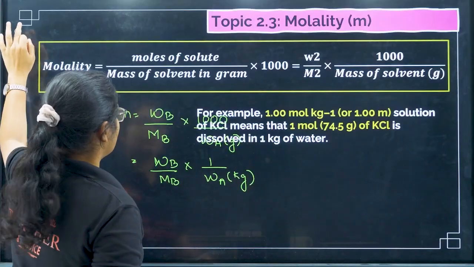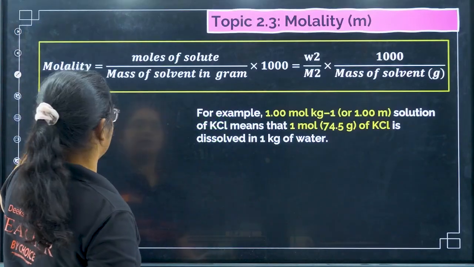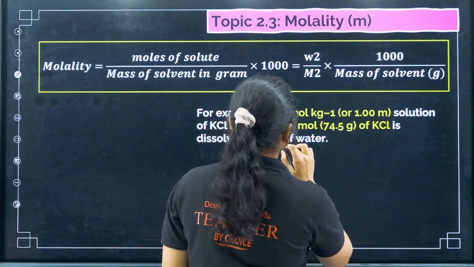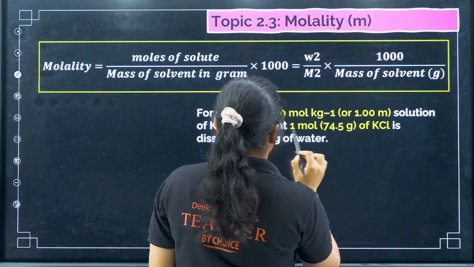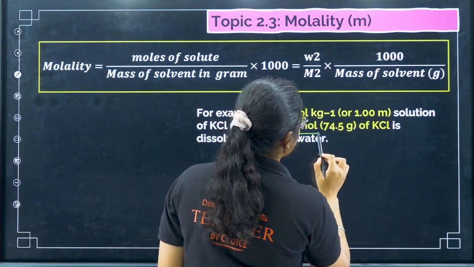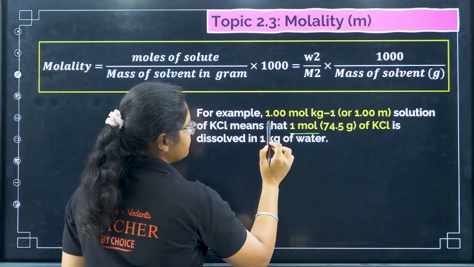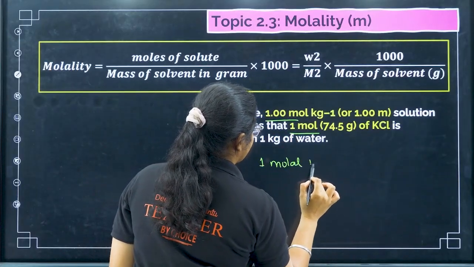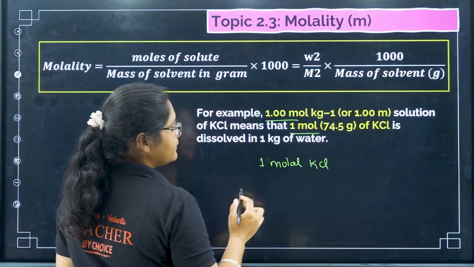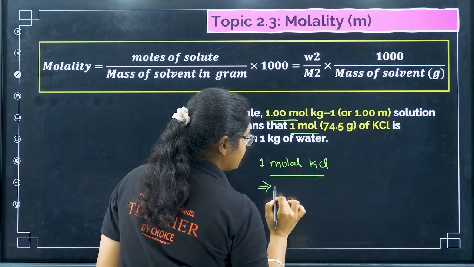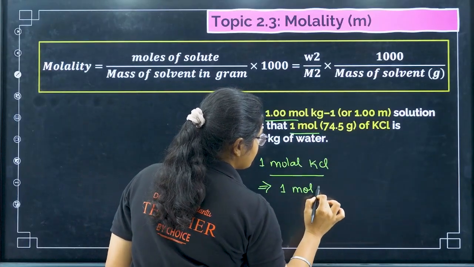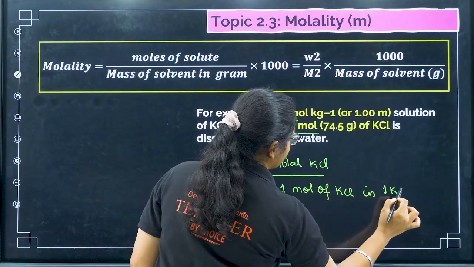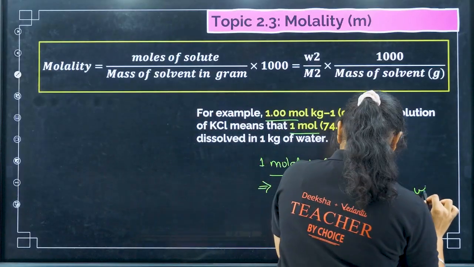For example, suppose I have 1 molal KCl. That indicates that we have 1 mole of KCl in 1 kg of the solvent.